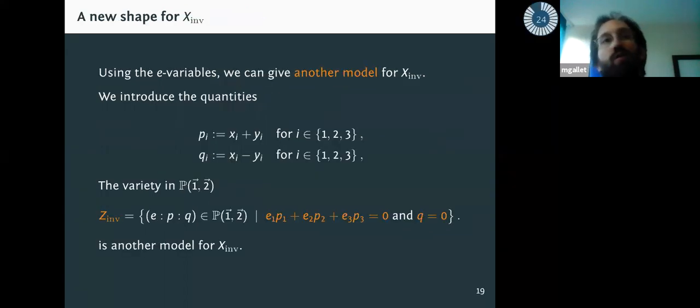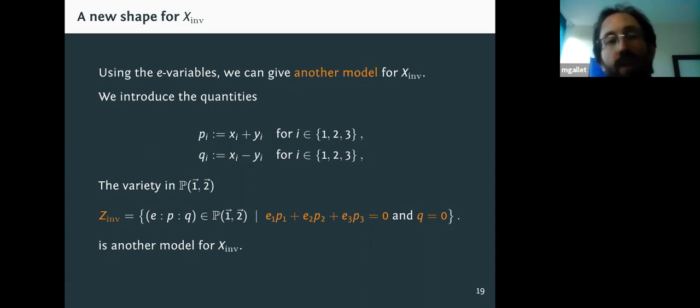Okay. So then by using the E variables to encode rotations and two other kinds of quantities, we can give another model for the space of involutions. With these two other quantities that we introduce, instead of using X and Y, I use their sum and their difference. And in this way, I define the quantities p_i and q_i. Then one needs to do a little bit of computations to see how things work properly.